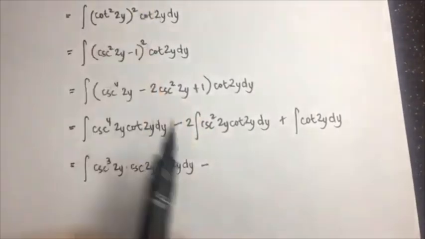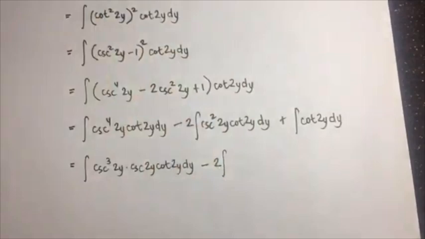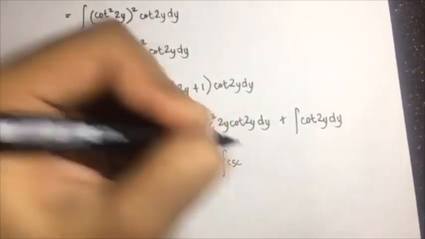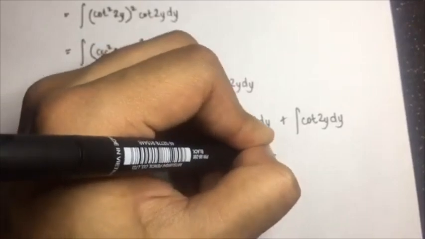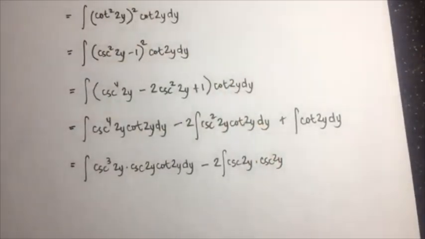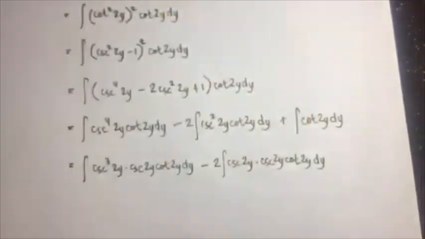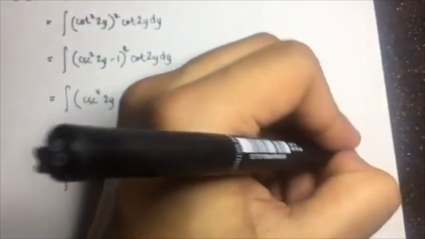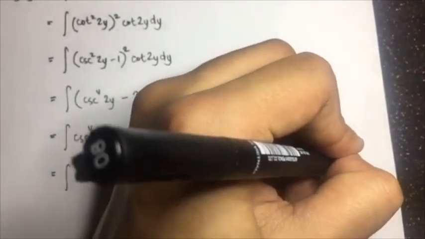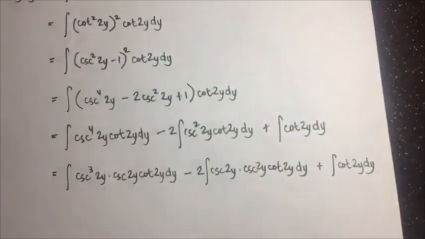Okay, so similar here, separate one cosecant 2y, so we have 2 integral of cosecant 2y times cosecant 2y cotangent 2y dy. Okay, plus, retain integral of cotangent of 2y dy.